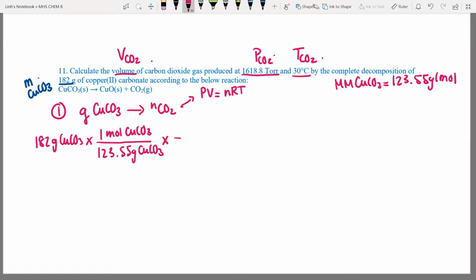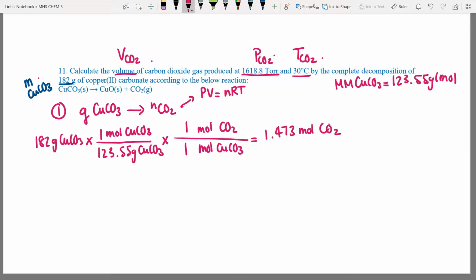Then I'm going to use the mole ratio between copper carbonate and CO2. I know I want mole of CO2 at the top and mole of copper carbonate at the bottom. And they have a 1-to-1 ratio. So what I should end up with is 1.473 moles of CO2.